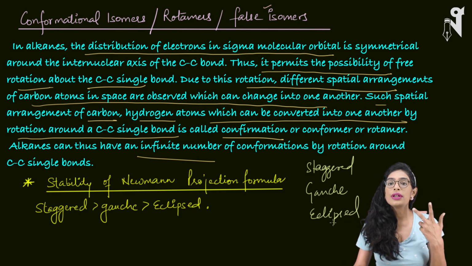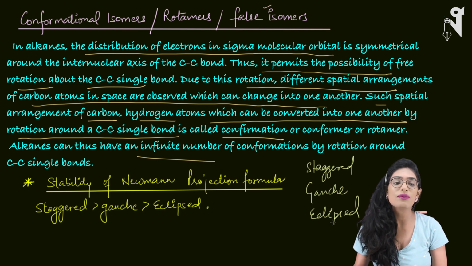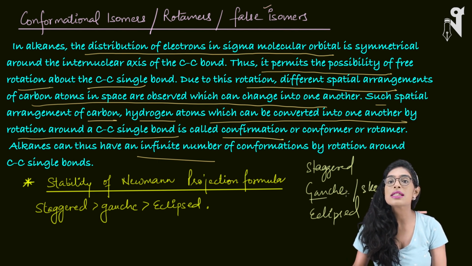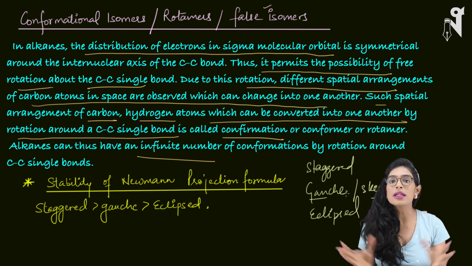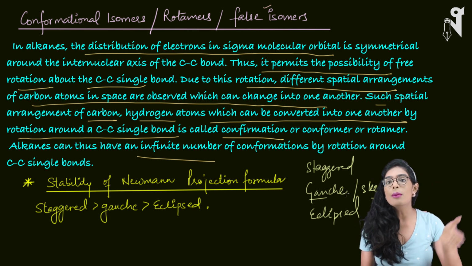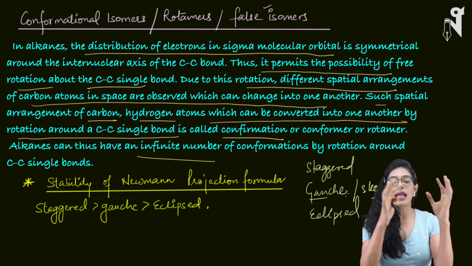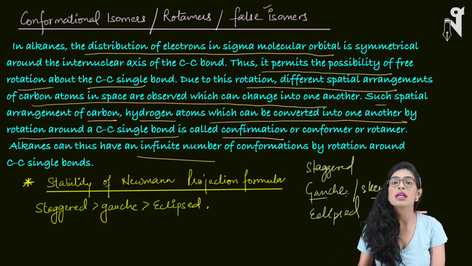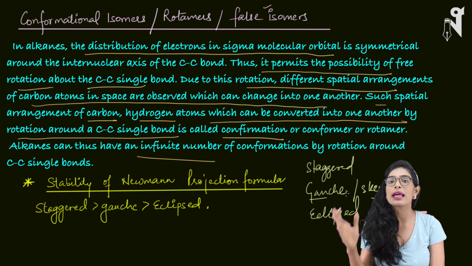Earlier we understood only two forms, staggered and eclipsed. Now the third term which I have introduced is gauche or skew. We will be talking about this third form also, which we consider out of the infinite possibilities forming due to the carbon-carbon rotation. When I talk about the stability of these forms, earlier for ethane I explained that staggered is more stable than eclipsed.